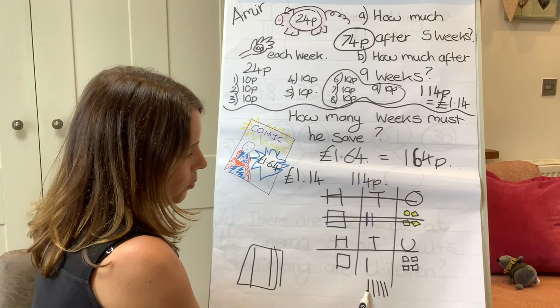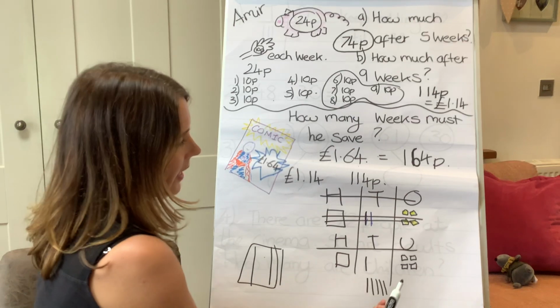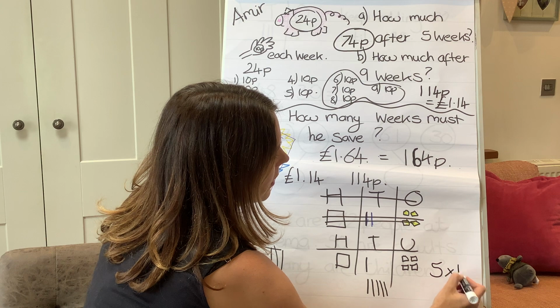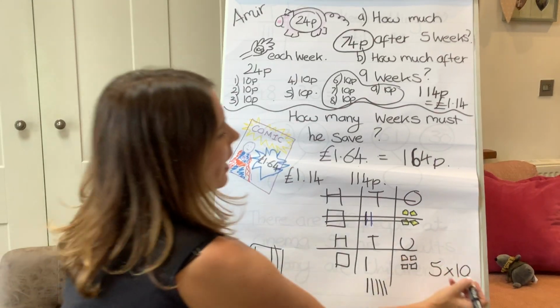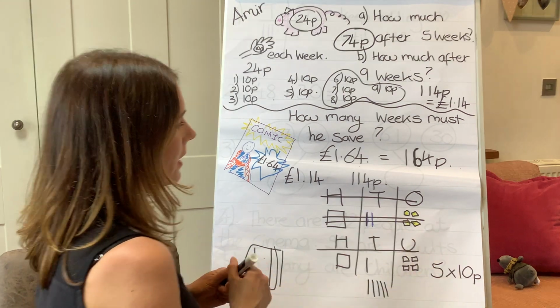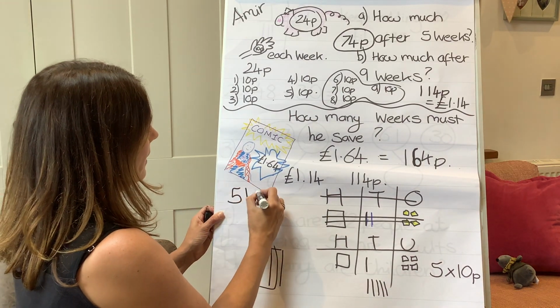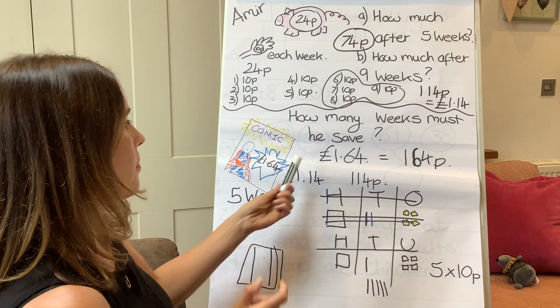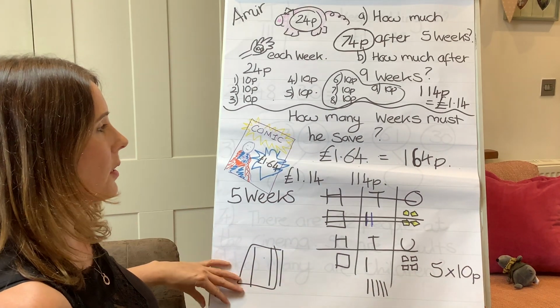So I've added on 1, 2, 3, 4, 5 tens. So it takes 5 lots of 10, so he gets 5 more 10p's given to him. So that would be 5 weeks. So it takes Amir another 5 weeks to get to £1.64, so we've got enough to buy the comic.